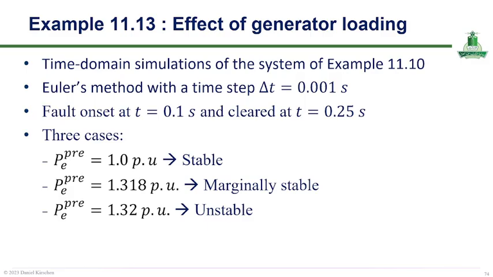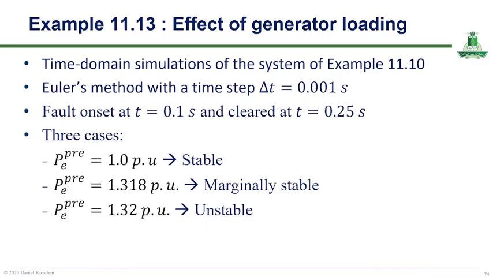The results show that system stability strongly depends on the pre-fault loading level. For P pre-fault equal to 1.1 per unit, the system remains stable after this disturbance. When the loading increases to 1.38518 per unit, the system becomes marginally stable, operating very close to the stability limit.